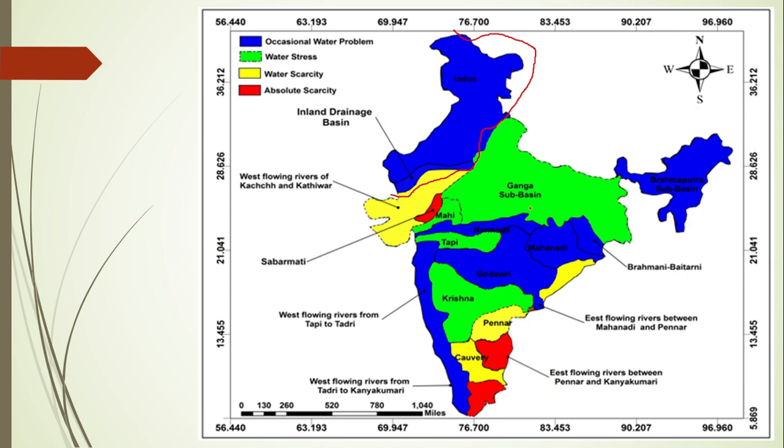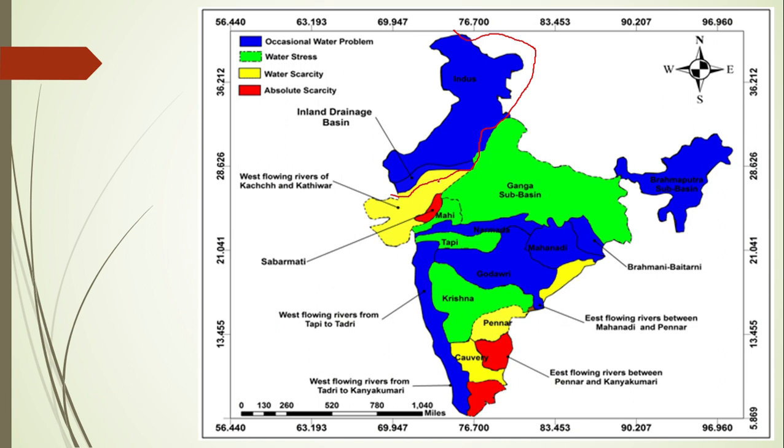As per this index that is given there, we are also talking about the areas where scarcity of water is there. Like occasionally in the Brahmaputra or Mahanadi, Narmada and Godavari and this Western Ghat ranges, we don't have any type of water problem. But we are having problems in this Ganga sub-basin or Mahi sub-basin, similarly Krishna and Tapi, where water stress is there.